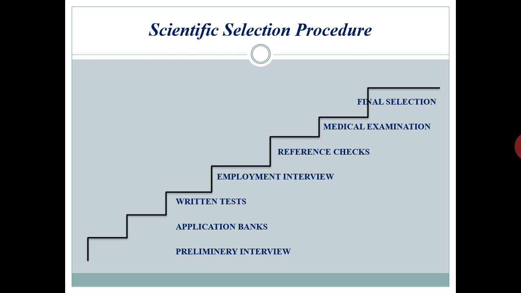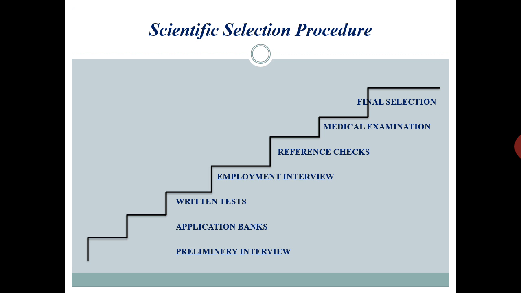See what is done in application blanks. The candidates who have cleared the first step, that is the preliminary interviews, are eligible for the second step, right? These people are required to fill up an application which is previously blank.